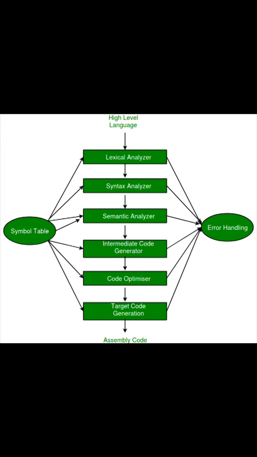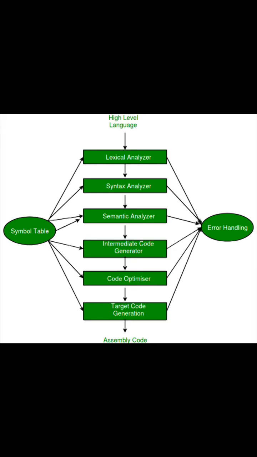Now the next one is the intermediate code generator. The intermediate code generator is a code generator which is used to create the 3 address code. There are different terms working behind it, that is quadruples, triples and indirect triples.